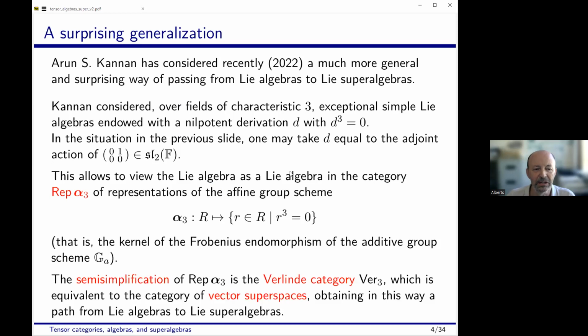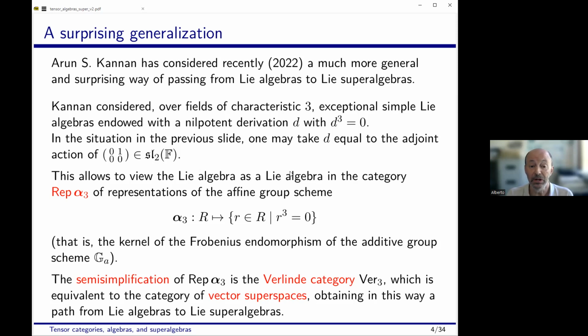And he could use this because this category is not semisimple, but one can semisimplify this category. And in semisimplifying this category, one gets the so-called Verlinde category in characteristic 3. And in characteristic 3, and this is the clue, this Verlinde category is equivalent to the category of vector superspaces.